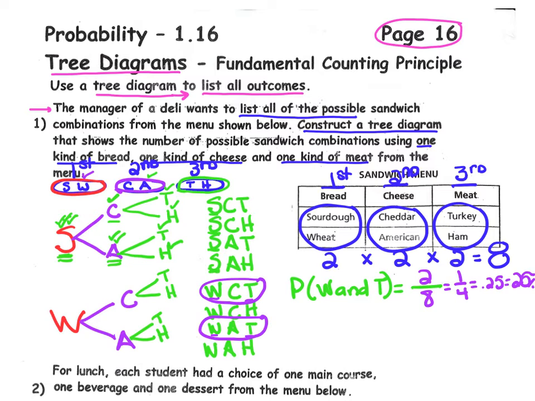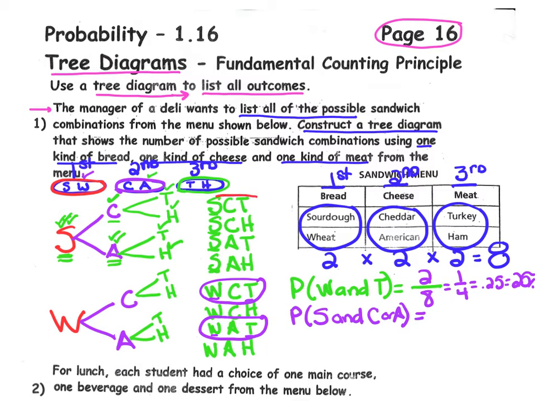Another question might be, what's the probability when you're drawing from the hat that you will get sourdough for your bread and for your cheese, cheddar, or American? Take a look at your list and see how many sandwiches have sourdough combined with cheddar or sourdough combined with American.